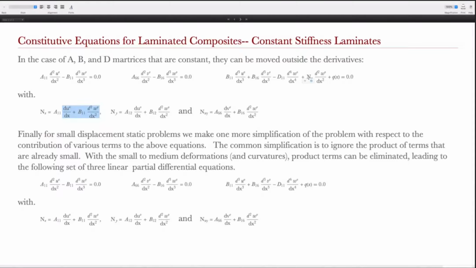So you will see these buckling equations where the out-of-plane equilibrium equation will have Nx bar in it. It means that it is assumed to be constant right before buckling. So by getting rid of this term, now I'm down to these three equations with Nx, Ny, and Nxy defined in this particular fashion.